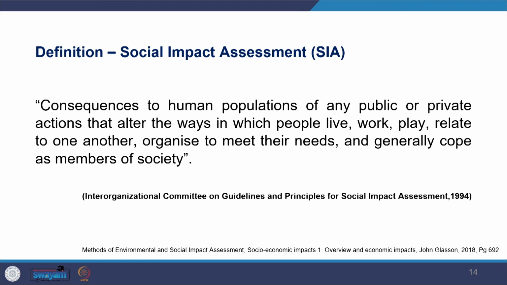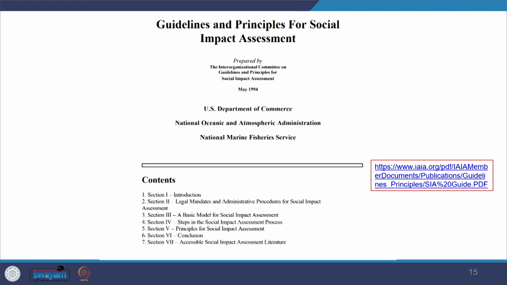So it also addresses stress elements, like coping as a member of society. You see how wide the domain is, and it's mostly dealing with the softer part of society. You can look at these guidelines and principles for social impact assessments, and I've also given you the link so that you can have a detailed look at it if you'd like.